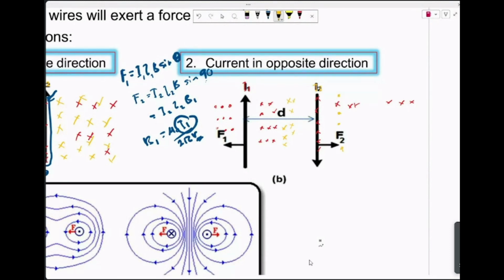And this one also maintains into the page as it is still at the left side of I2. So here you will have into the page as well. Because of this, we already know the direction of magnetic field as well as the direction of current. So if you want to confirm the direction of force, we can do what we did just now.